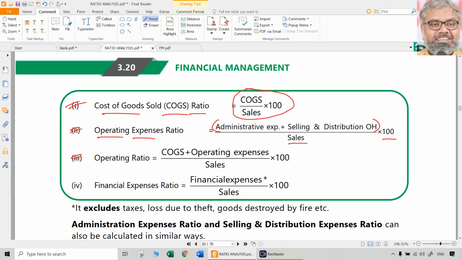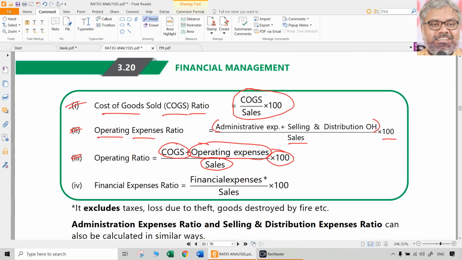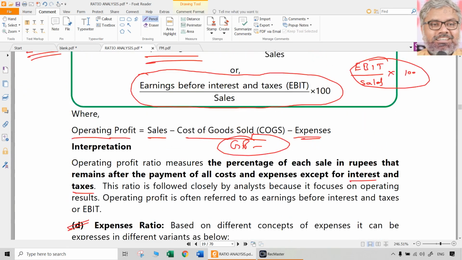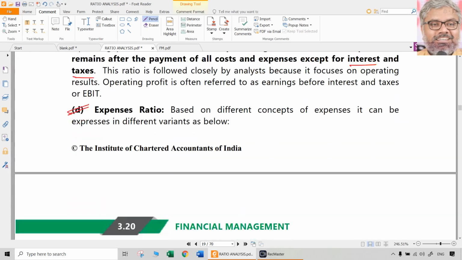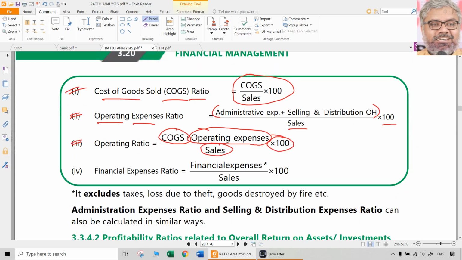Operating ratio is different. Operating ratio is cost of goods sold plus operating expenses divided by sales multiplied by 100. Now you can understand operating ratio and operating profit ratio will be complements to each other naturally. Why? Because what else will be there in the numerator?